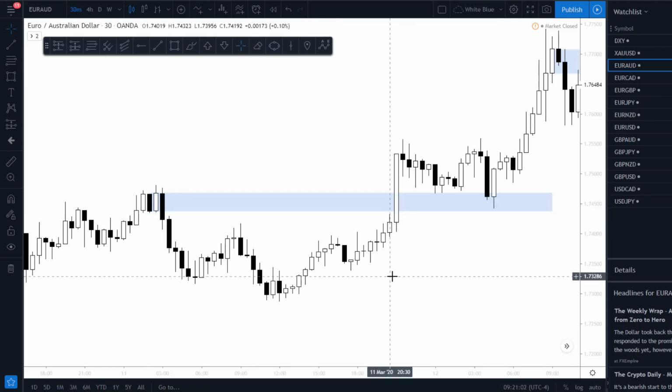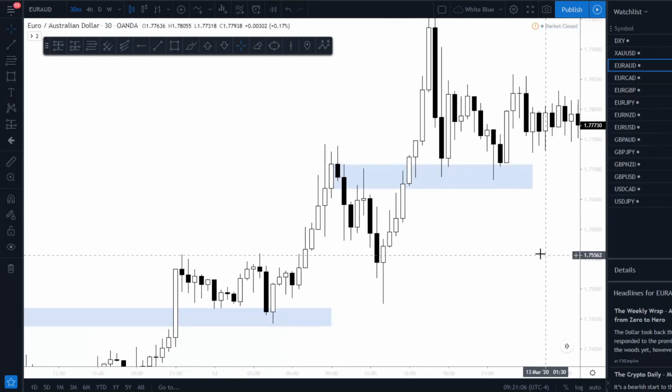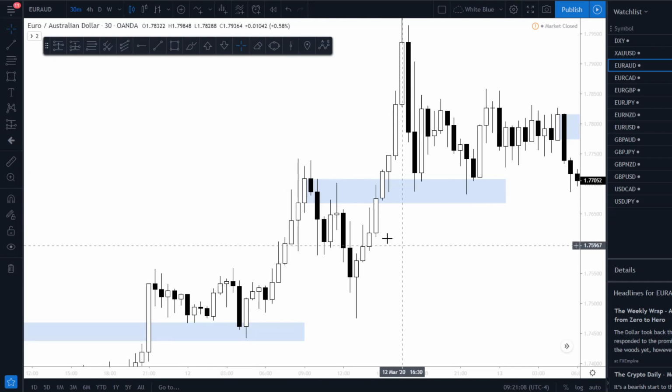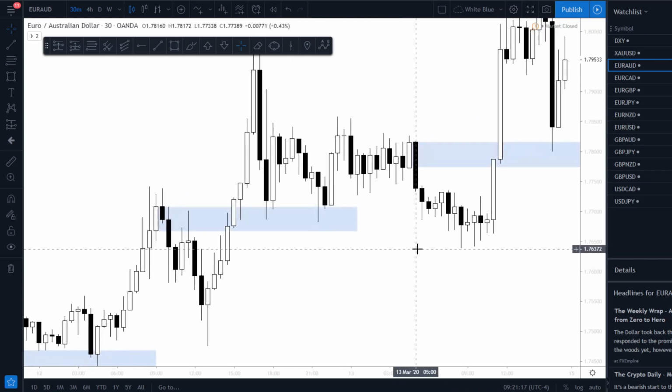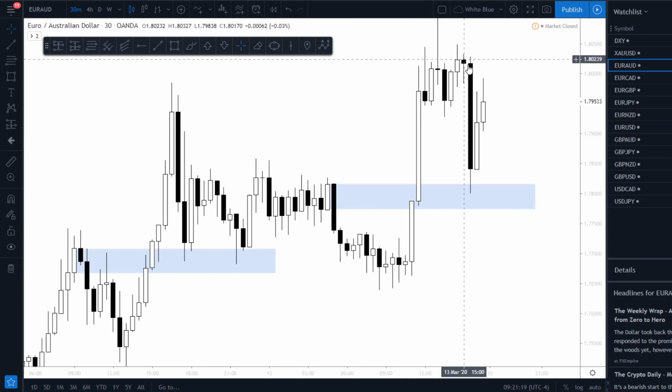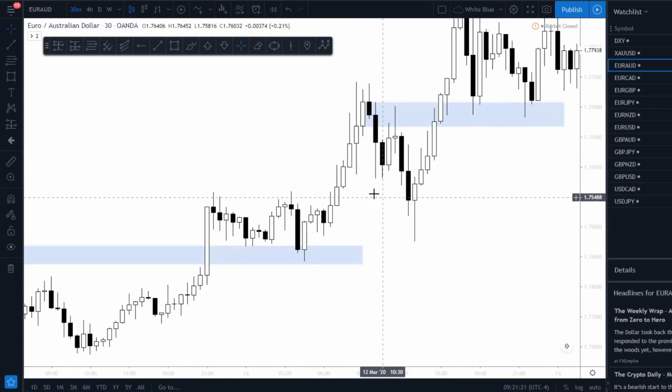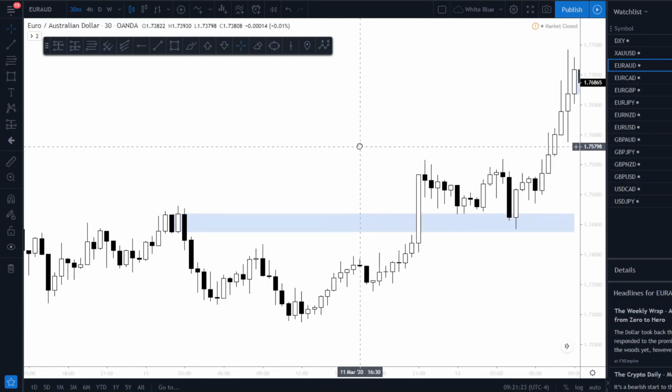So then another way to use order blocks is also, if we go over here, you can see price moved down and traded through that area, and then it's come back down and touched the area and bounced off. Same one here, it's gone through the area and bounced off. So that's kind of the way that I'm looking at order blocks.